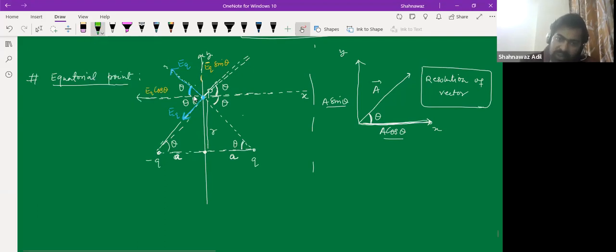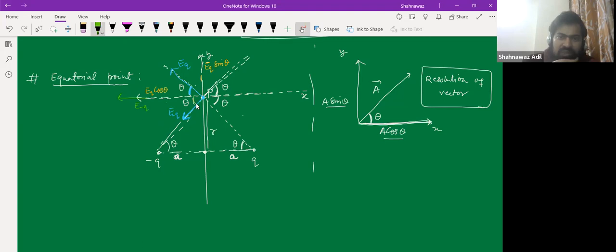Let us talk about the components of the other one. So E minus Q. This is theta. So this would be how much? Again, E minus Q. And what would be the component, sine or cos, for this minus Q one?